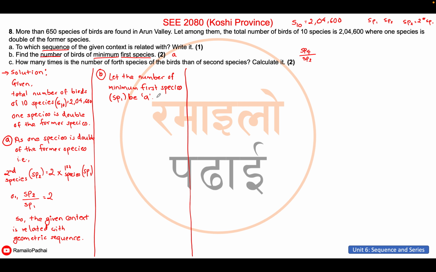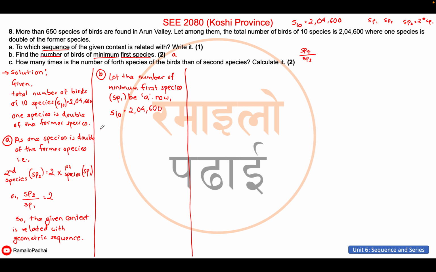Okay, now S10 is equal to 2,04,600, and we have the formula to find the sum of terms in a sequence.